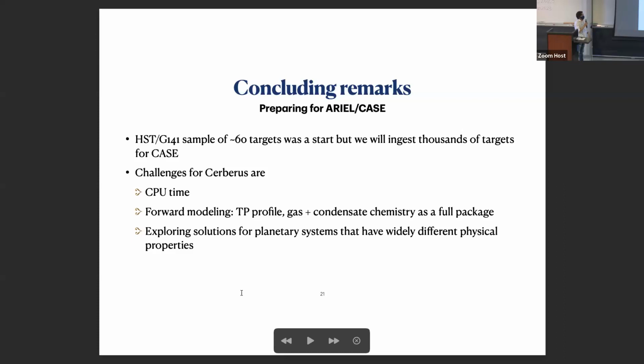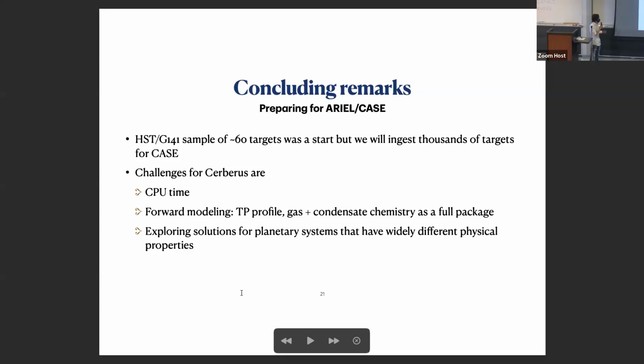One of them, and I think it's common to all retrieval codes out there, is the computational time, the CPU time. And that's tough. So if you have an idea, if you are an expert on CPU time, you're more than welcome to give us some ideas. Teach us how to do it.